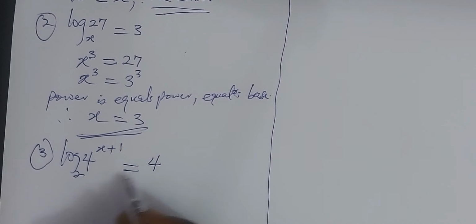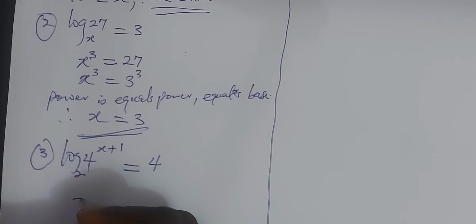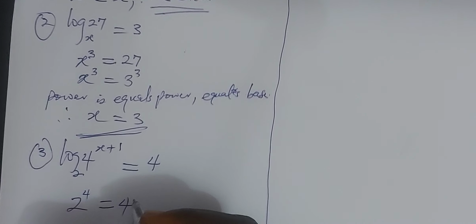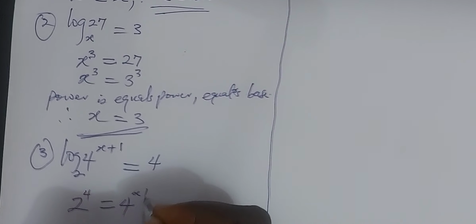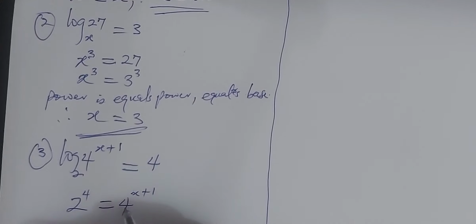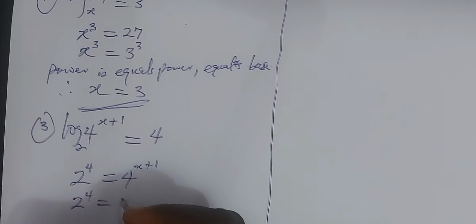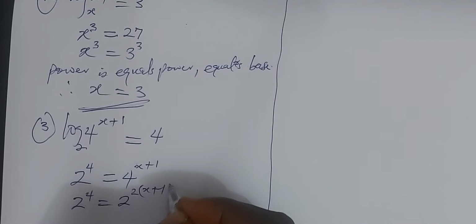You can also rewrite this in index form, by saying 2 raised to the power of 4 equals 4 raised to the power of x plus 1. And you know that we must make the bases equal now, because this 4 can be written as 2 raised to the power of 2. So we continue. 2 raised to the power of 4 equals 2 raised to the power of 2 into x plus 1.